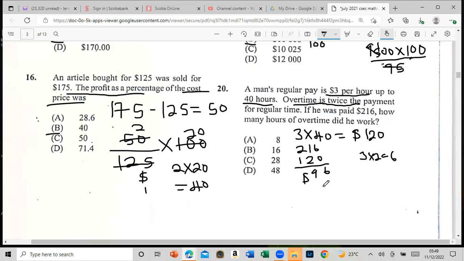So we're going to divide this 96 by 6, and that should give us the number of hours. 6 into 9 goes 1 time, 6. Subtract, carry down the 6. 36, 6 into 36 is 6. So he did 16 hours of overtime.